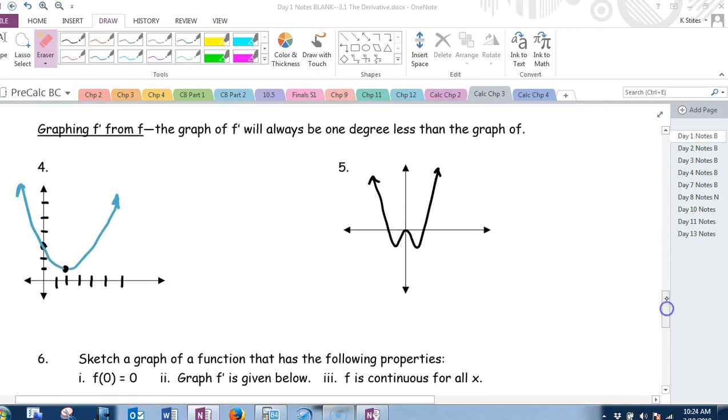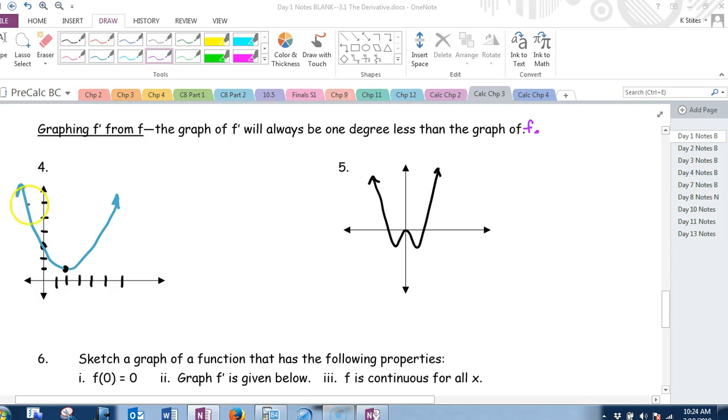Okay, next. This could be the most challenging part of the lesson for some of you. We're going to graph f prime from f. The graph of f prime will always be 1 degree less than the graph of f. Meaning that when you graph the derivative from the original function, the derivative is always going to be 1 degree less than the original function.